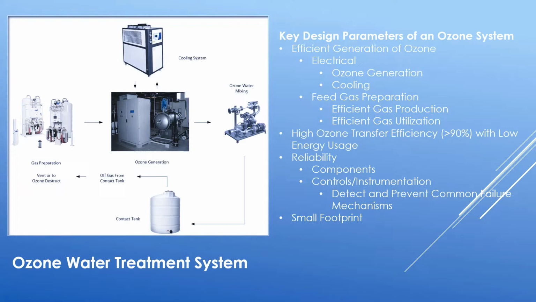So some of the key design parameters for an ozone system are efficient production of ozone, efficient dissolving of ozone, system reliability, footprint, and of course, cost. One of the things I want to mention that's very important is that ozone is an irritant for people in their lungs, and OSHA limits the exposure of ozone gas in workplaces to 0.1 part per million by volume for a 40-hour exposure.